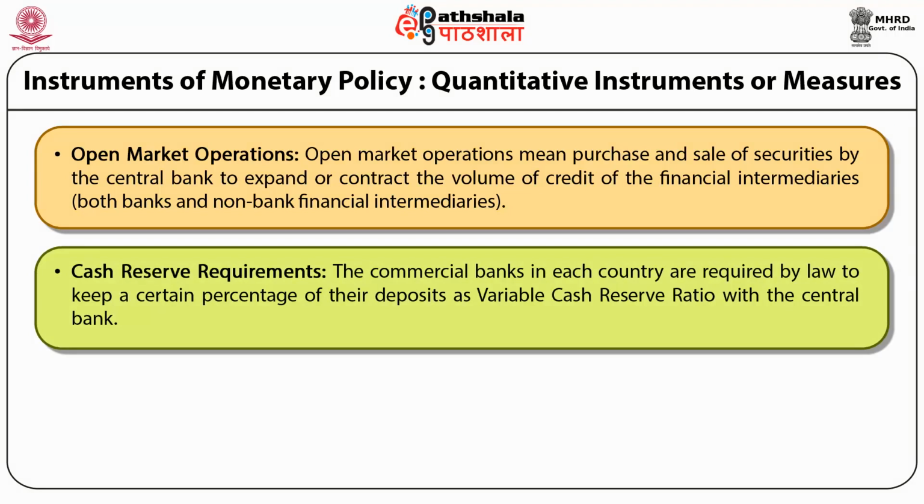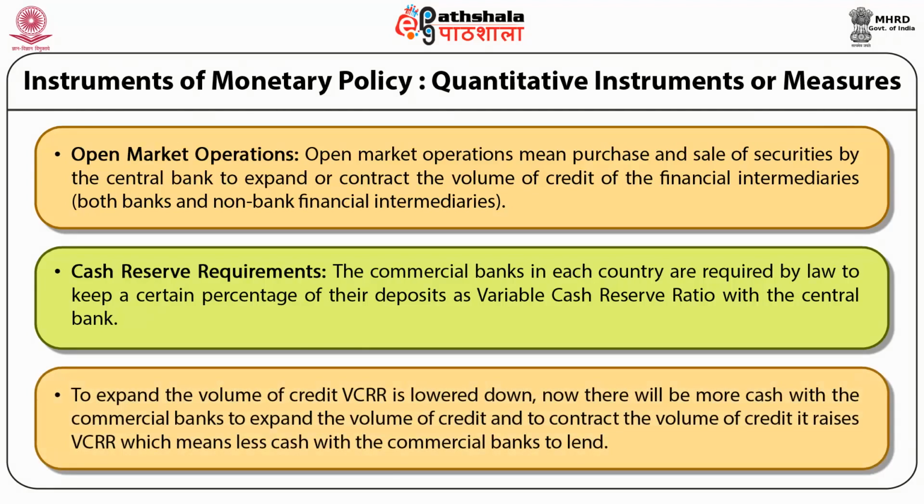Cash reserve requirements. The commercial banks in each country are required by law to keep a certain percentage of their deposits as variable cash reserve ratio with the central bank. The central bank varies cash reserve ratio in accordance with the need of the economy.